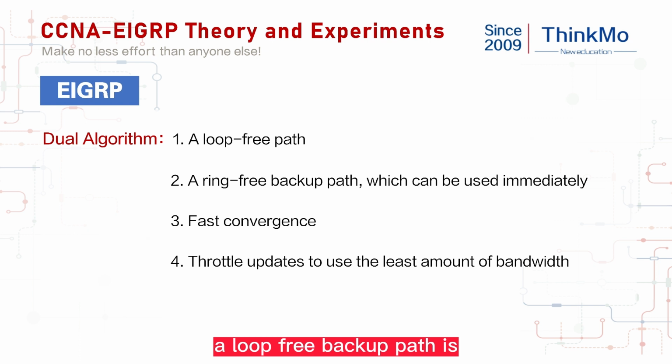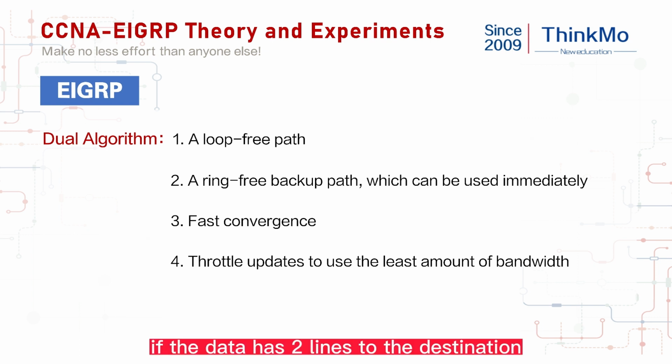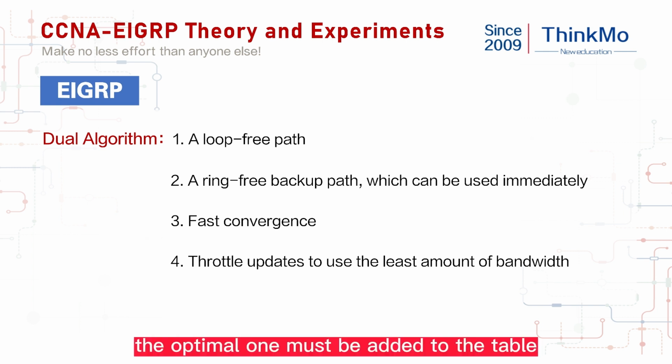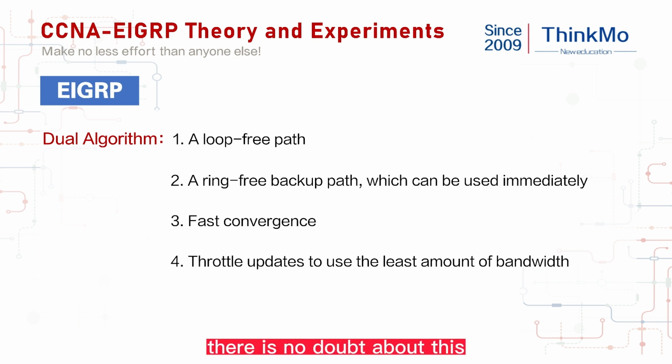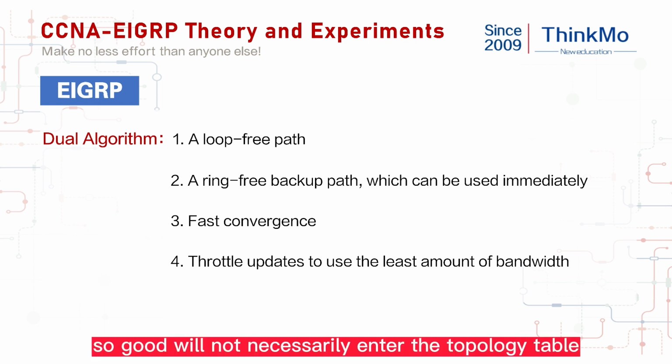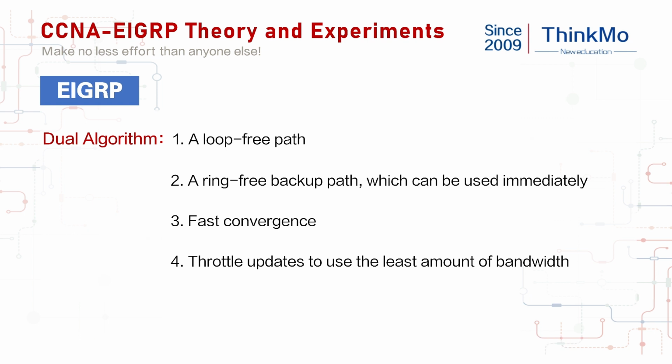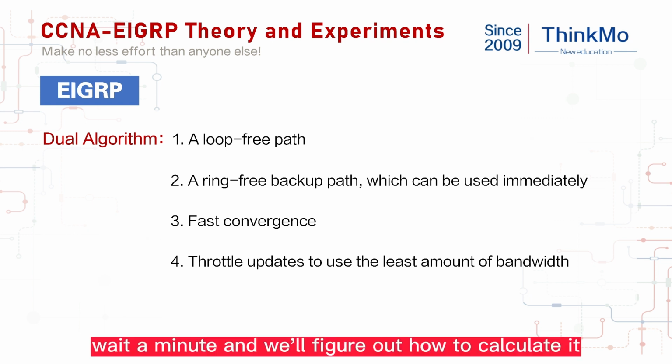A loop-free backup path is, if the data has 2 lines to the destination, the above route is the best. The optimal one must be added to the table. There is no doubt about this. Then the ones that are not so good will not necessarily enter the topology table. It is to be considered. Wait a minute and we'll figure out how to calculate it.